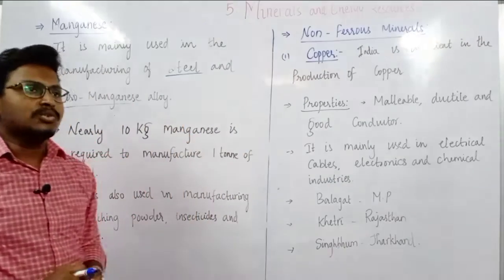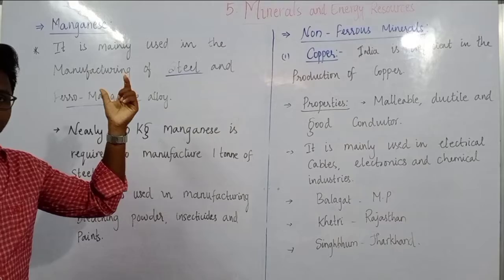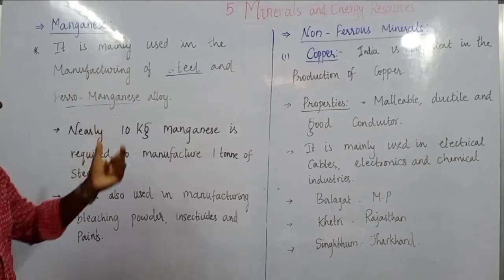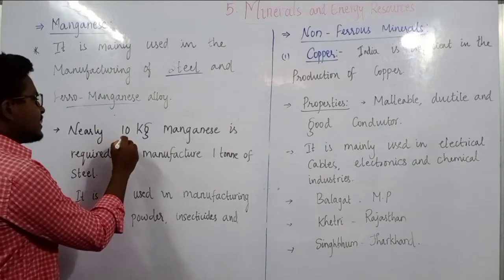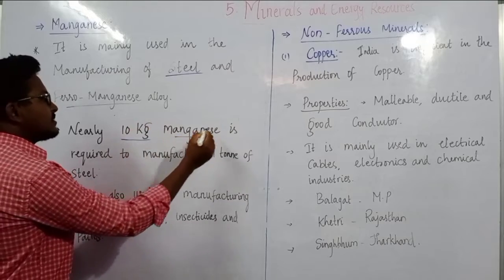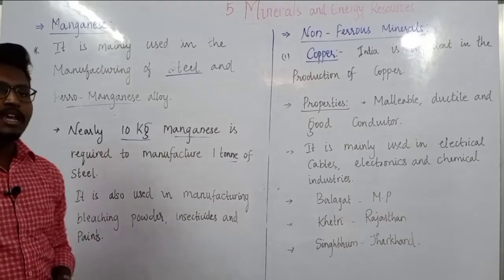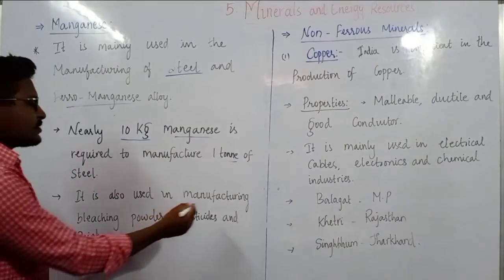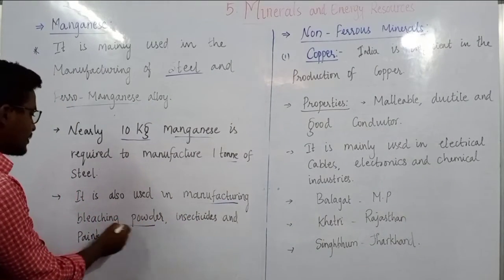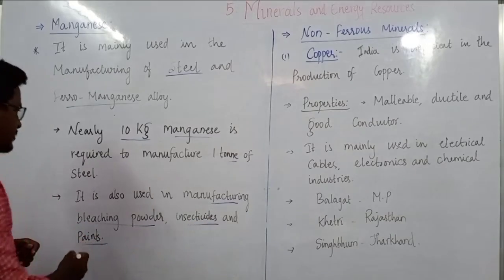And how much manganese is required to manufacture steel is that nearly 10 kg of manganese is required to manufacture 1 ton of steel. Then it is also mainly used in the manufacturing of bleaching powder, insecticides as well as paints.